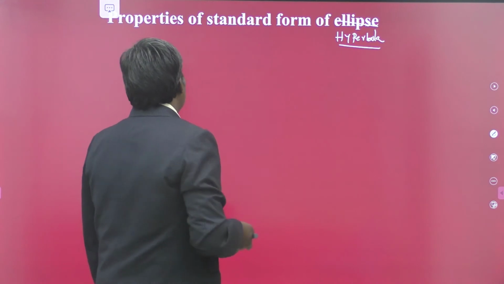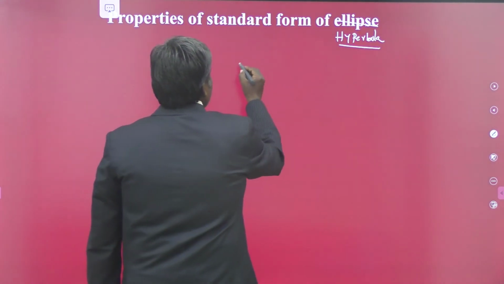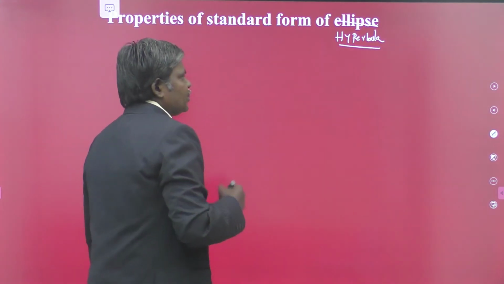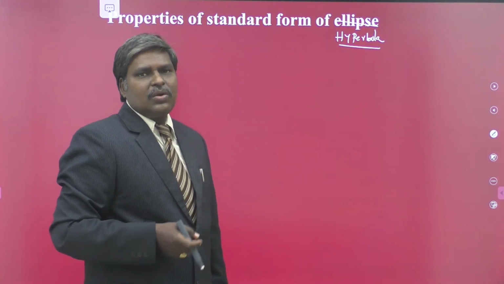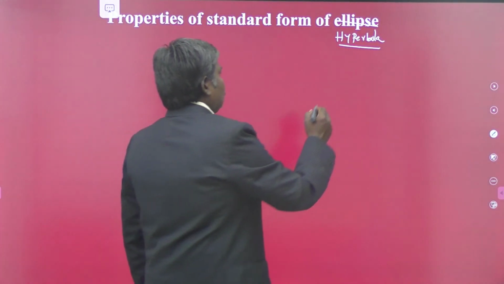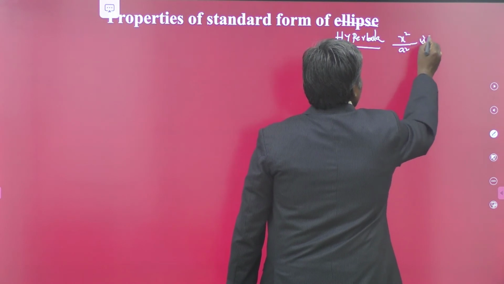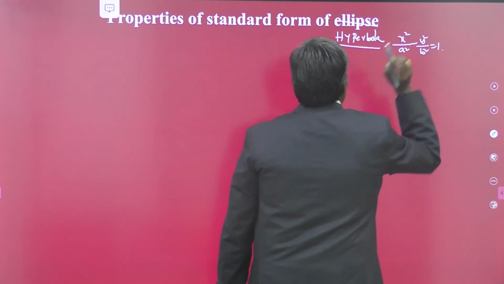Now let us see the properties of the standard form of hyperbola. What is the standard equation of hyperbola? X square by a square minus y square by b square is equal to 1.